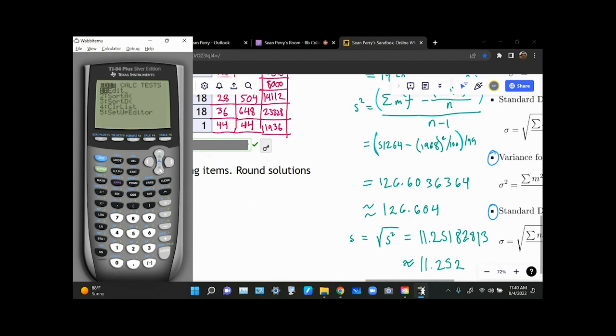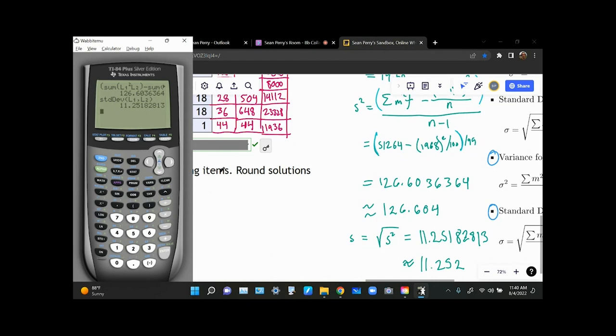Alternatively, there are preloaded functions in the calculator for that. For example, standard deviation can be calculated the same way that we did mean, putting in the values list, comma, the frequency list.